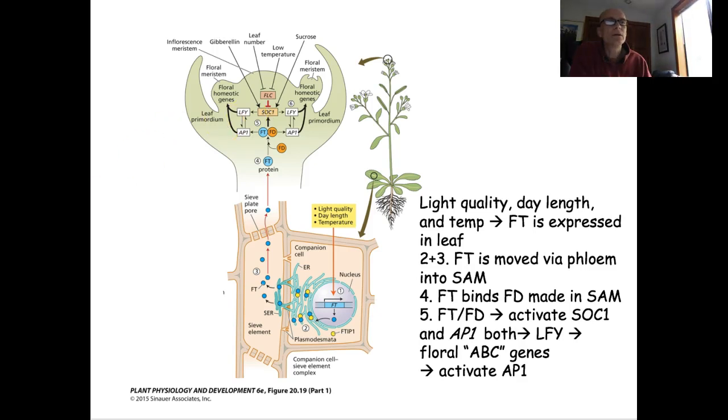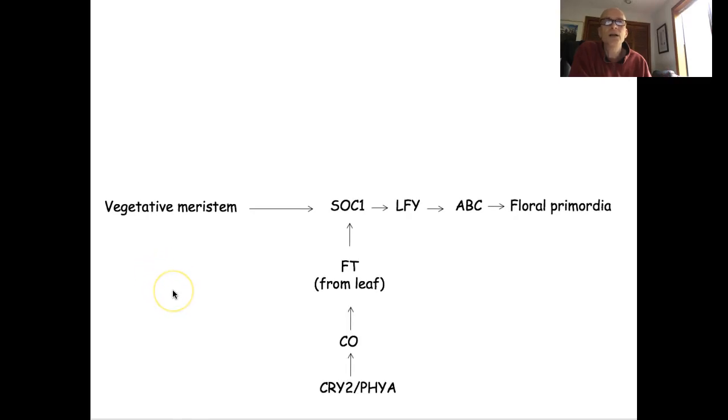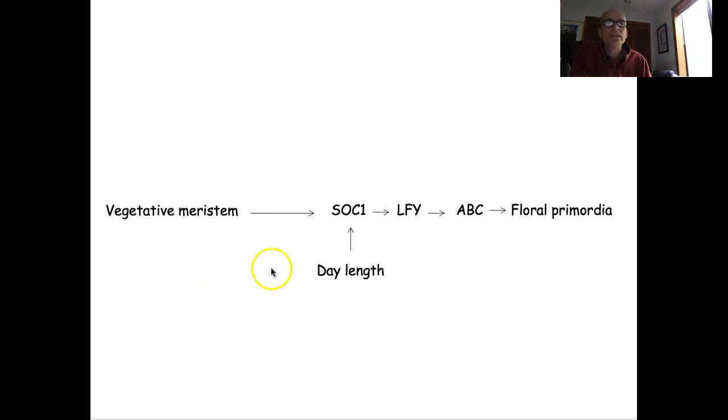So let's make a smaller, still more simple diagram of the genes that are involved. We said SOC1 is a central player here, and day length activates SOC1. SOC1 activates LEAFY, LEAFY activates the ABC genes, and they then pattern the floral primordia, right?